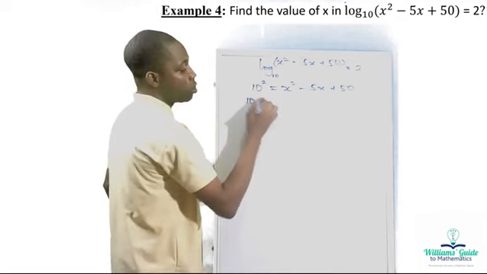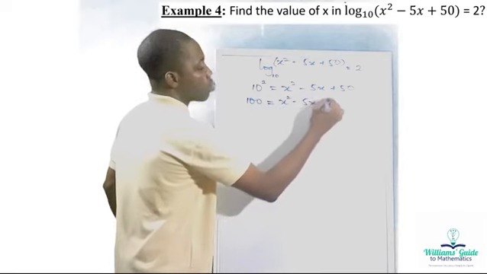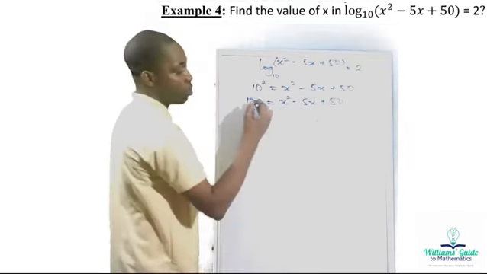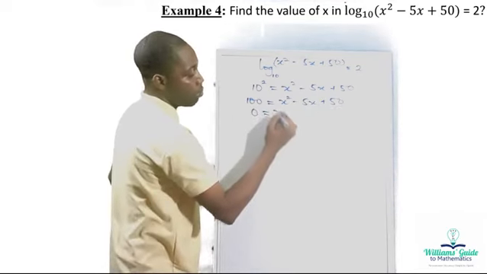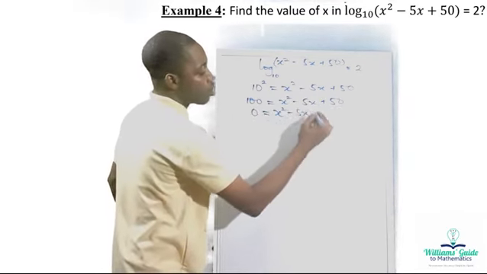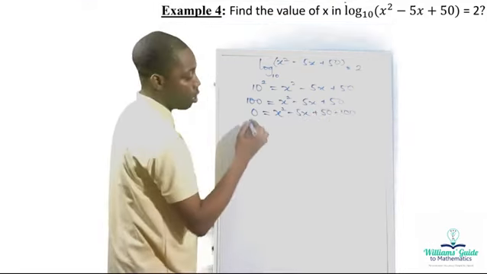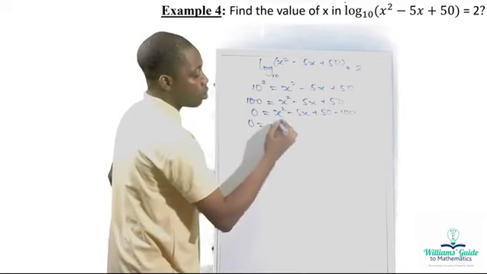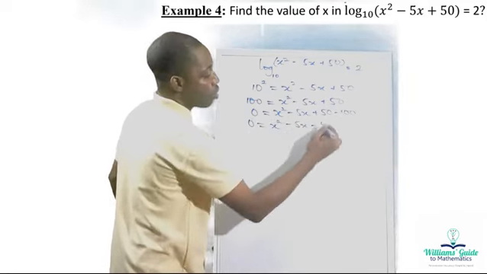That is 100. And we have x squared minus 5x plus 50. If I bring this 100 to the other side, we have a 0 here. We have x squared minus 5x plus 50 minus 100, so that we have 0 equals x squared minus 5x. 50 minus 100 is minus 50.